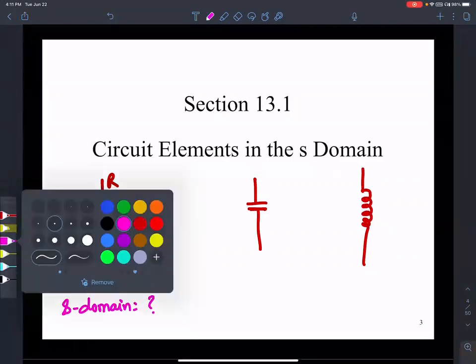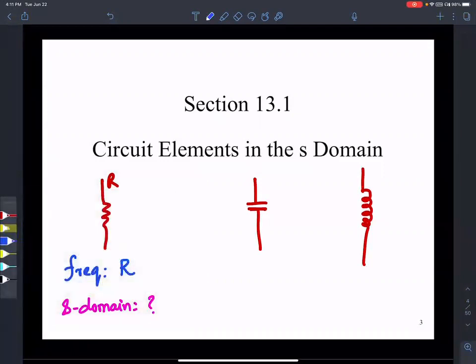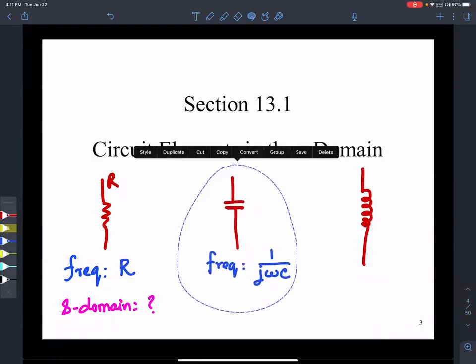Similarly, the frequency domain equivalent of capacitance, does anybody remember the frequency domain equivalent of a capacitance? One over j omega C, right? This is the frequency domain equivalent.